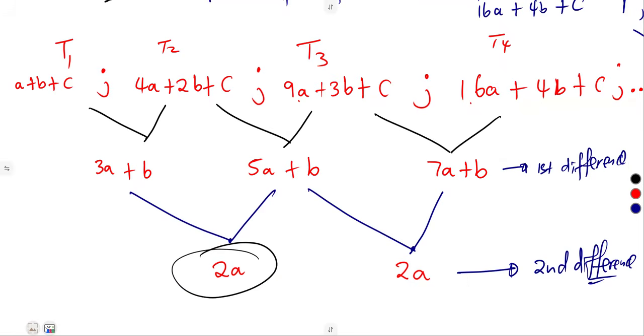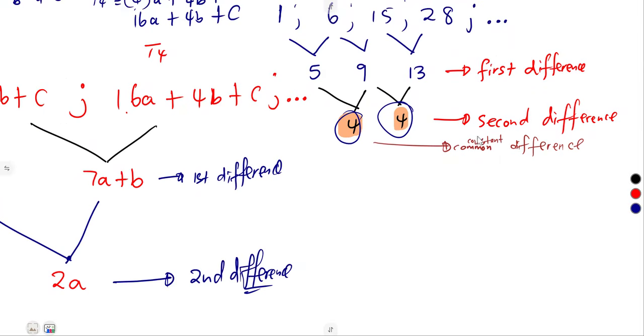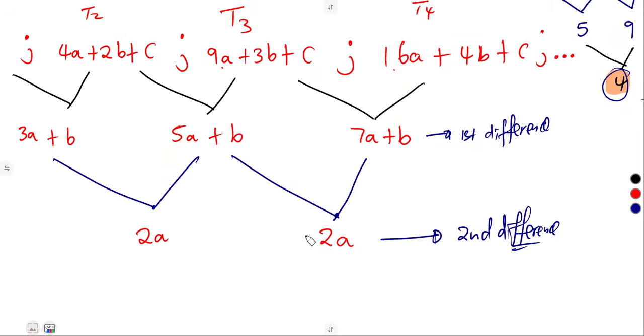This is exactly what we want, just like what we saw here. The second difference, this is 4, this is 4, just the same. So we have a constant second difference here. That's a constant or common second difference.